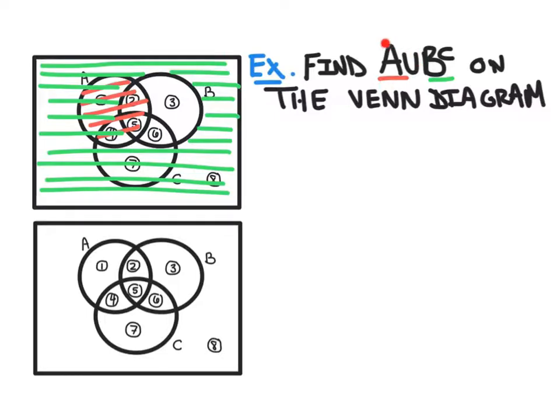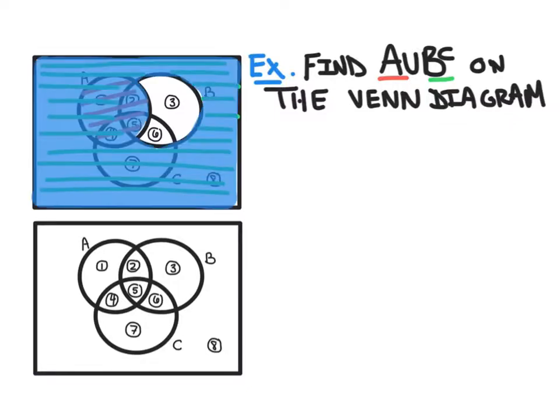So we're going to be joining the red and the green region. So taking elements that are in A or in B complement, and therefore anything that is shaded in green or in red would be included in this set. And I'm going to highlight that in blue on the Venn diagram. So there you have our set.